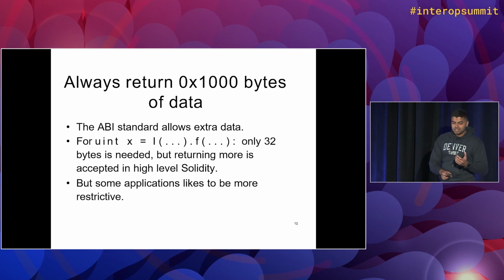The question you might ask is, can we actually do that? It turns out that the ABI standard allows you to add extra data. As an example, here we have some Solidity code, uint x equals a call to some interface function, but you only expect a uint. The ABI only really expects 32 bytes to come back, but if you add more data, it's fine.